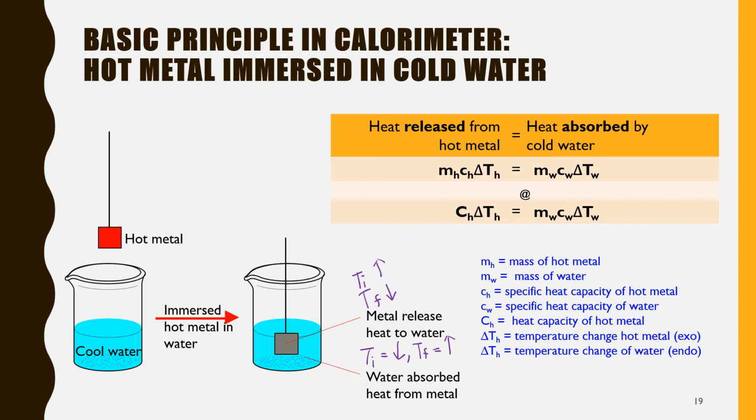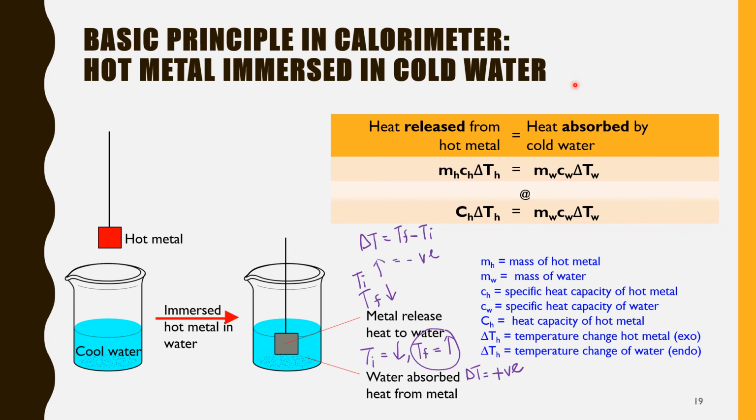So di sini apabila awak kira delta T equals to T final tolak T initial, for hot metal tadi, you will get delta T will be negative. Okay, but for the water, the delta T will be positive, because T final is higher than the T initial. So to relate the situation between these two, okay, maka kita akan katakan bahawa the amount of heat released from the hot metal is equals to the amount of heat absorbed by the cold water.